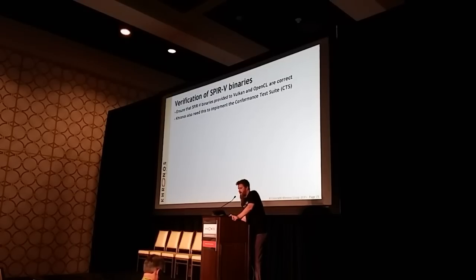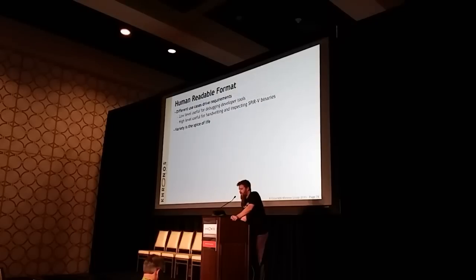And to ensure that SPIR-V binaries provided to Vulkan and SPIR-V are correct, we need to do some sort of verification. This is something that Khronos also needs to do for the conformance test suites. And the human-readable format, and this is much more personal preference, but different use cases drive different requirements.